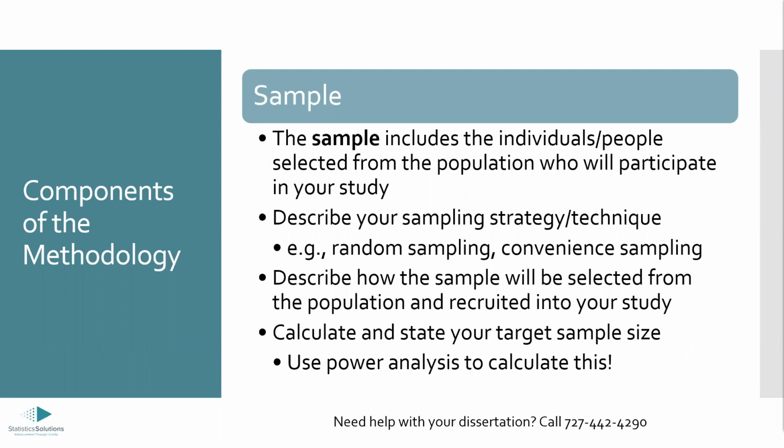Will you have their contact information from a school administrator, like a list of email addresses, or will you be posting flyers at the school or some other type of advertisement to recruit people into your study? Or are you going to some organization like a teaching association and getting email addresses from a member list? So you want to describe in detail how you are going to be selecting potential participants.